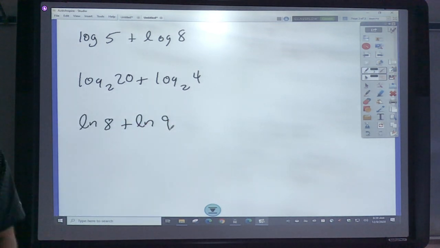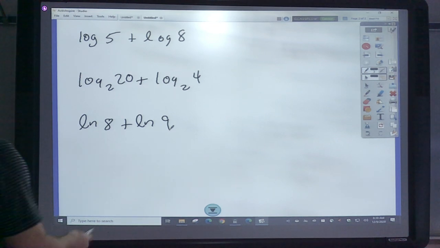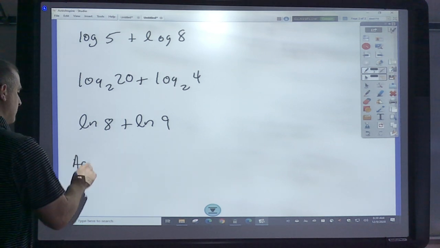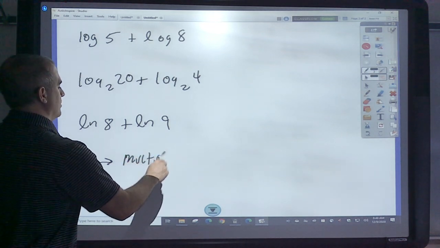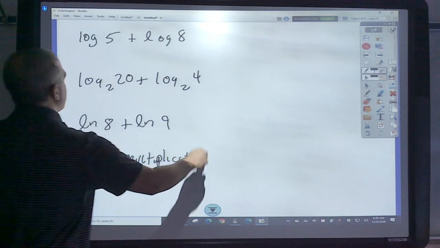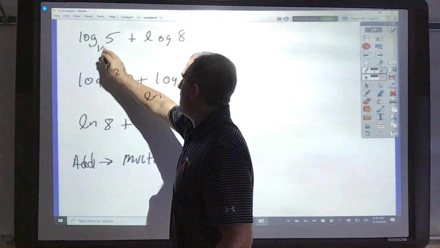The big thing that you have to understand is that addition turns into multiplication.